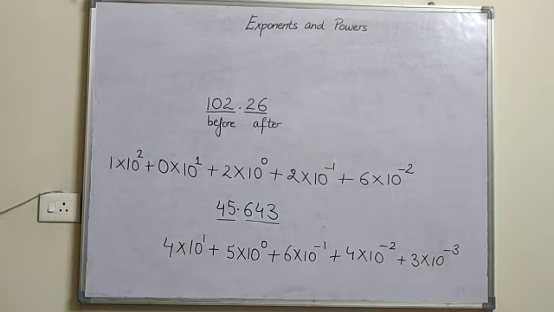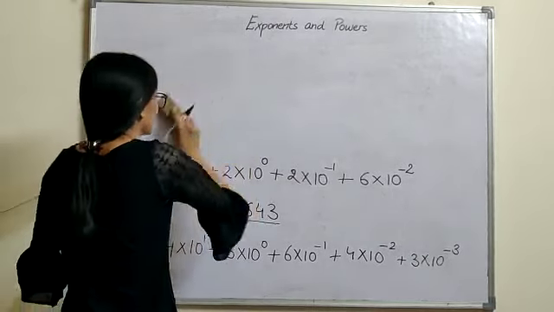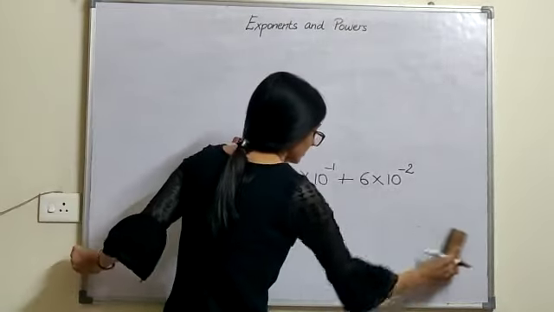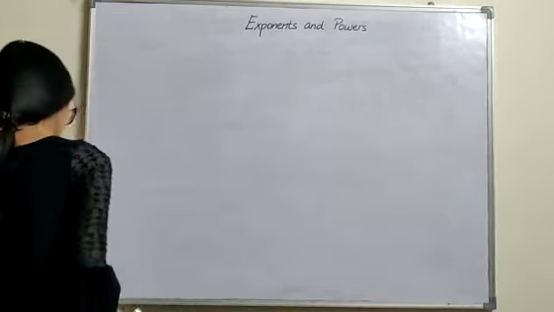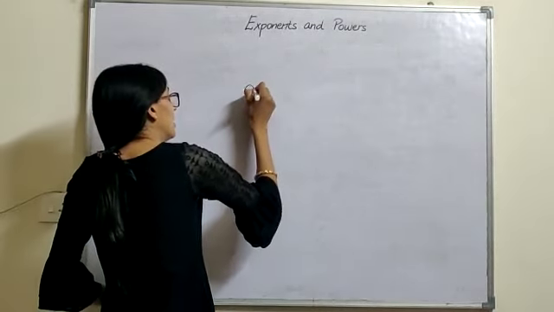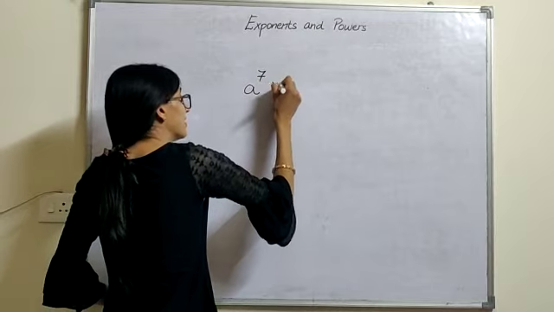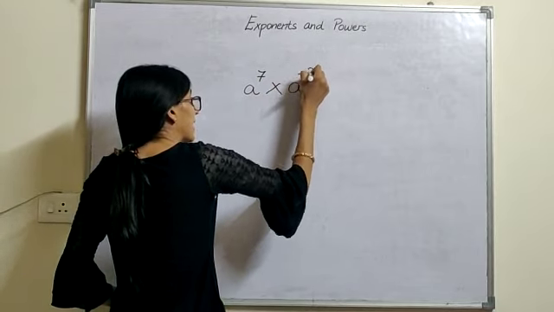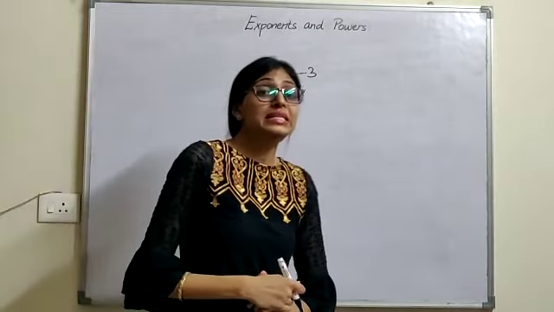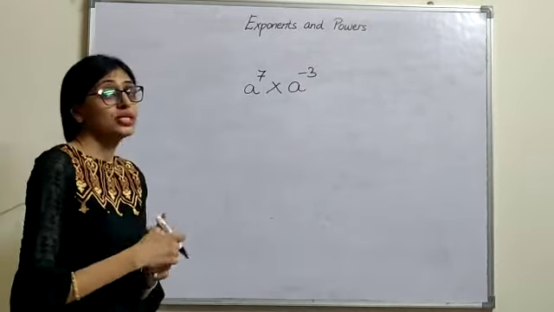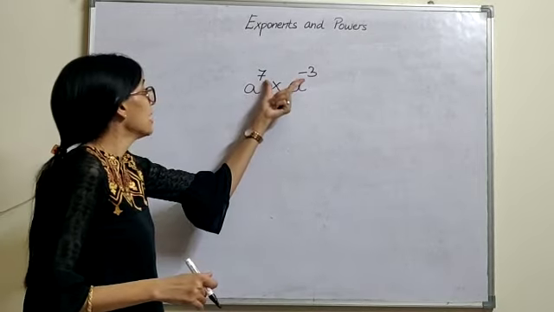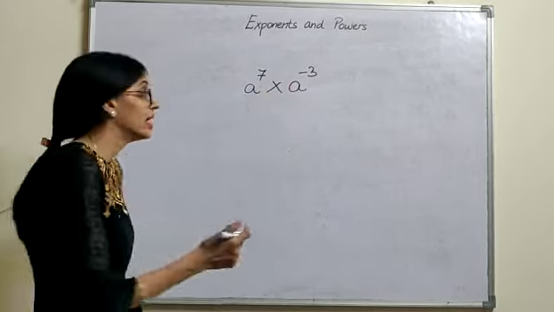Next question, based on the laws. Suppose a question is given to you, a raised to power 7 multiply a raised to power minus 3. Now the first law states when the bases are same, the powers are added.